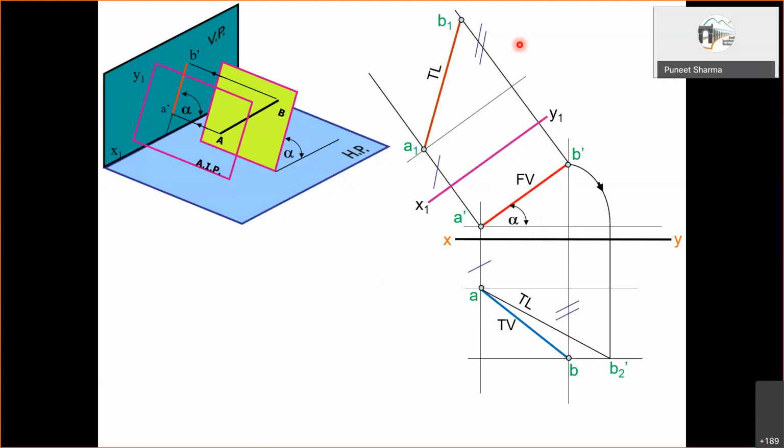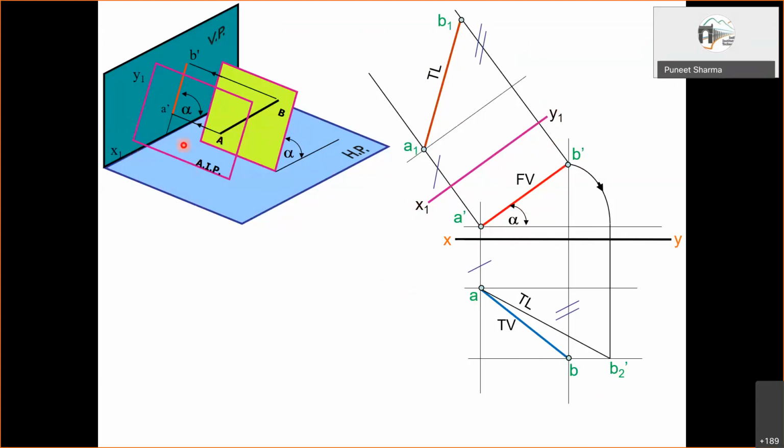The question was how we have to find the x1, y1 line, that is, how to draw it. What we are doing is simply choosing it parallel to the front view for the auxiliary top view. If we choose xy parallel to the front view, then it represents the case when the auxiliary inclined plane is parallel to the line. That's what I was trying to explain here.